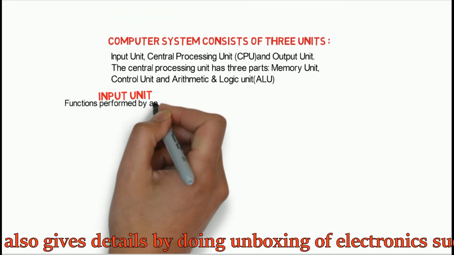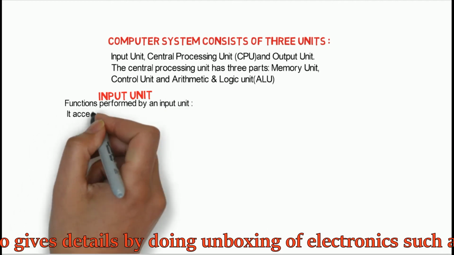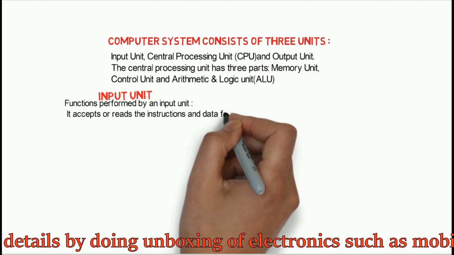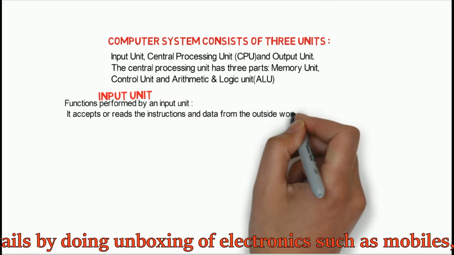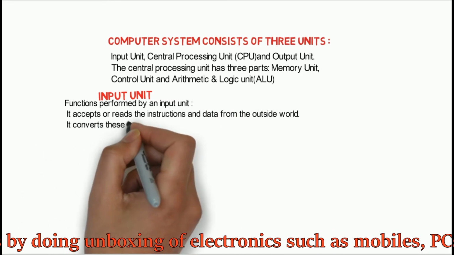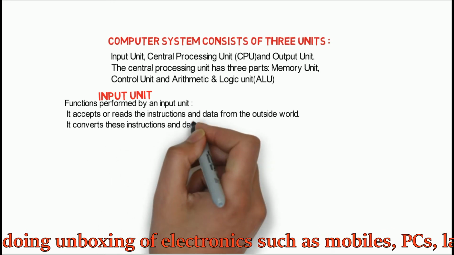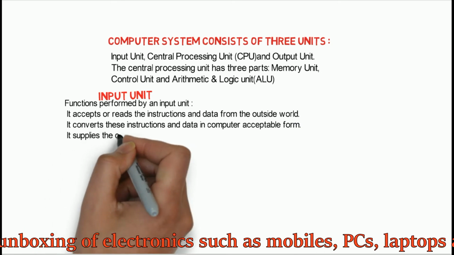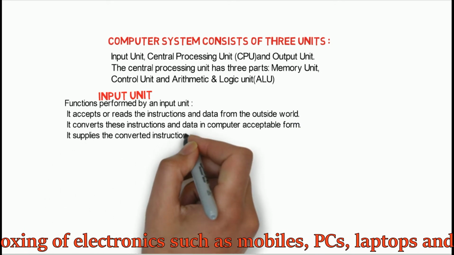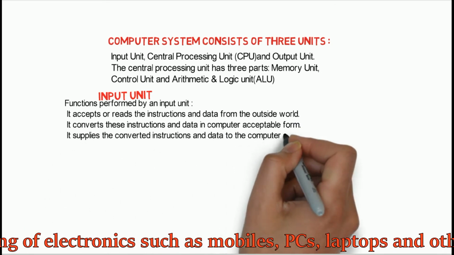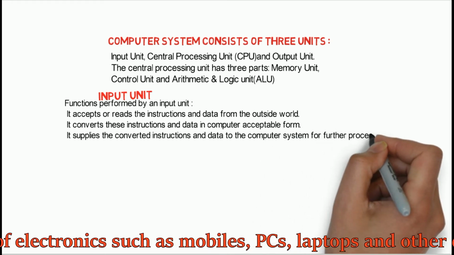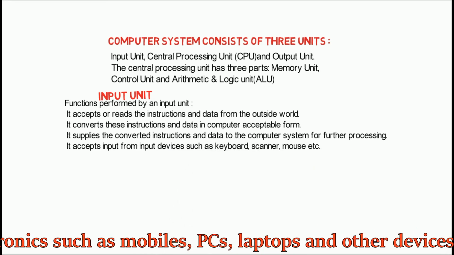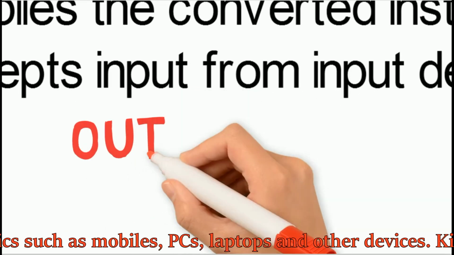The functions performed by the input unit are: first, it accepts or reads the instructions and data from the outside world. It converts these instructions and data into computer acceptable form. It supplies the converted instructions and data to the computer system for further processing. It accepts input from devices such as keyboard, mouse and scanner.